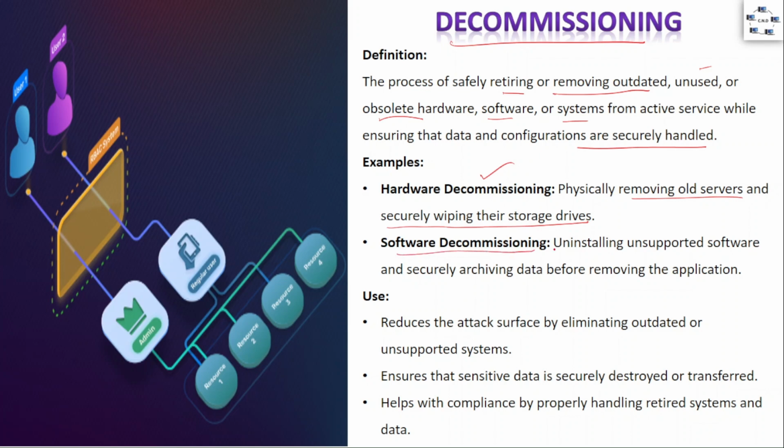Software decommissioning includes uninstalling unsupported software and securely archiving data before removing the application. Uses include reducing the attack surface by eliminating outdated or unsupported systems, and ensuring that sensitive data is securely destroyed or transferred. It helps with compliance by properly handling retired systems and data.